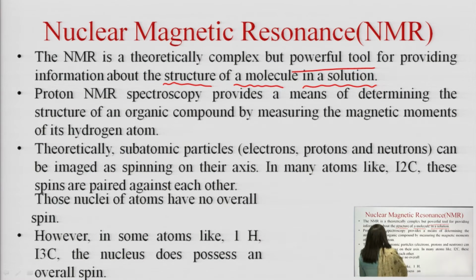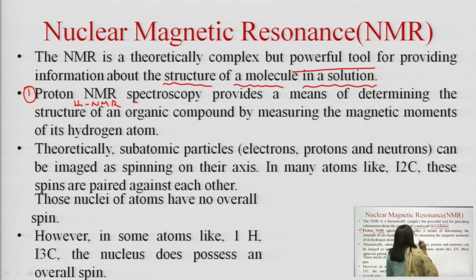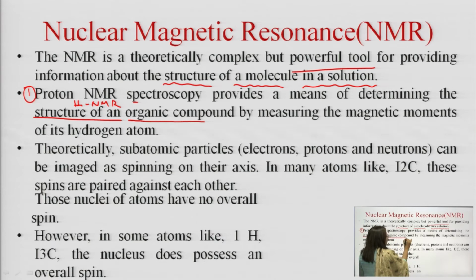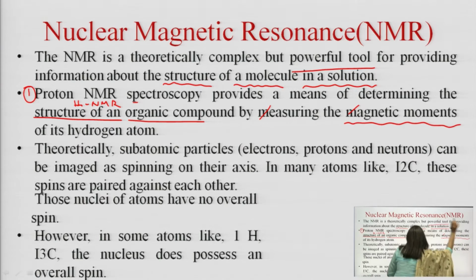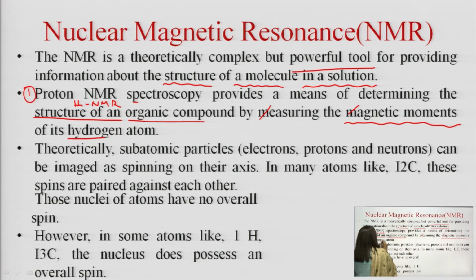Here we have two types of NMR spectroscopy. One is proton NMR and the other one is carbon NMR. Proton NMR is sometimes abbreviated as H1 NMR spectroscopy. It provides a means of determining the structure of an organic compound by measuring the magnetic moments of its hydrogen atoms.